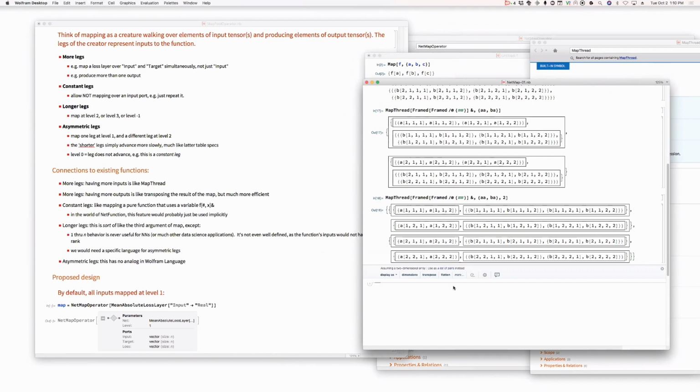Okay, go ahead. What is it? So if it's MapThread of F, and then the A, you can use A and B, it might just help. But the A was going to be for the vector 1, 2, 3. And the B is going to be the matrix 1, 2, 3, 4, 5, 6.